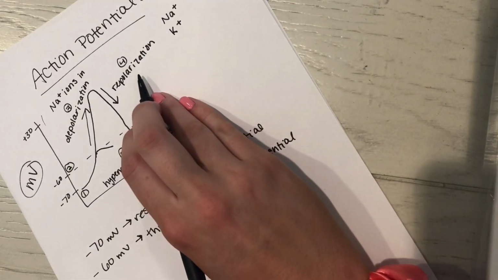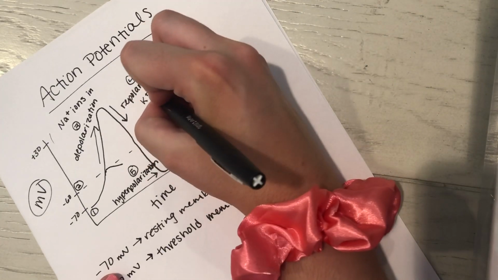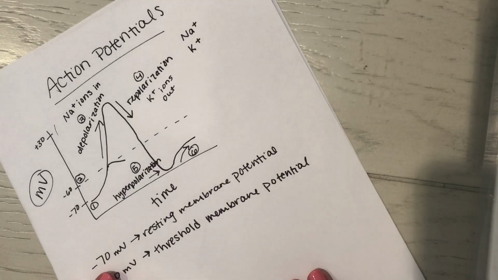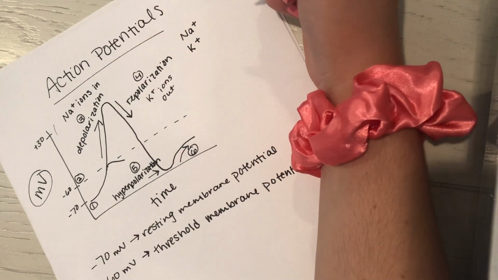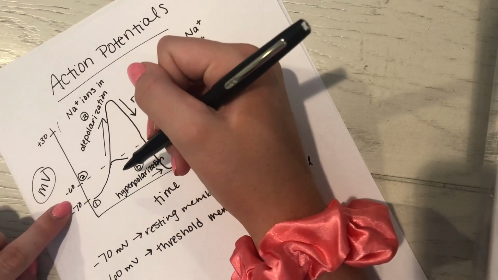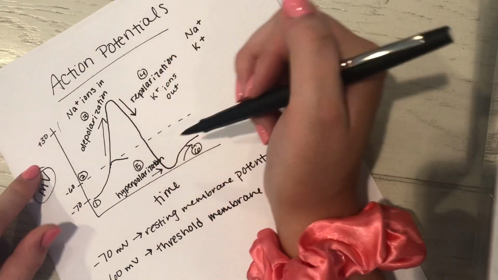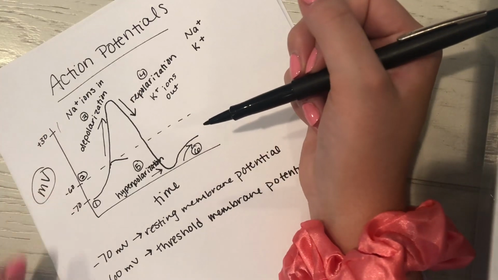Then at our repolarization step, that's when our potassium ions are going out of the cell. While both are positive charges, for depolarization we're increasing those positive charges, and then we have positive leaving. So that makes it more negative again.